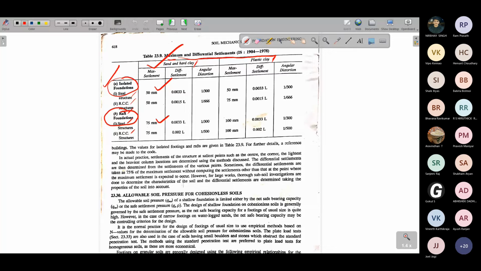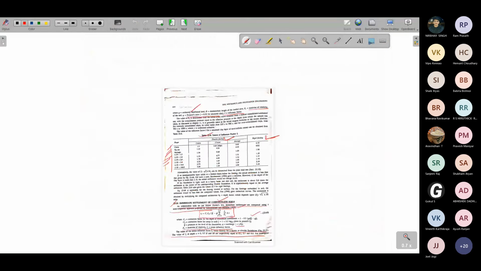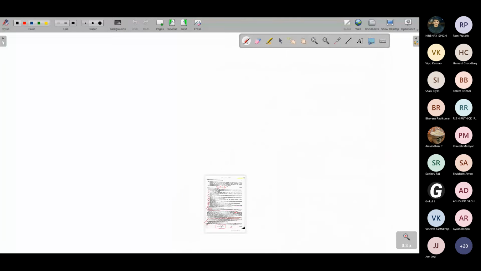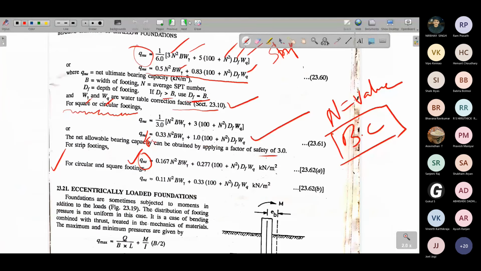So with that, you read it up to here. Maybe next class, allowable soil pressure also we'll see. So what we have covered in today's class, don't panic, these are simple things only. What we have studied is just settlement. First, how to find the ultimate bearing capacity using the N values, SPT.